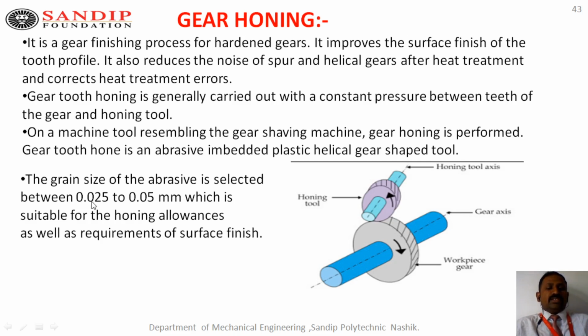The range is 0.025 mm to 0.05 mm, which is suitable for honing allowances as well as the required surface finish. The honing tool is similar to the gear shaving tool, but instead of sharp edges it has abrasive tips.